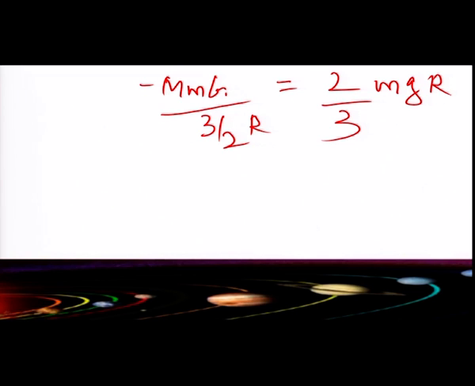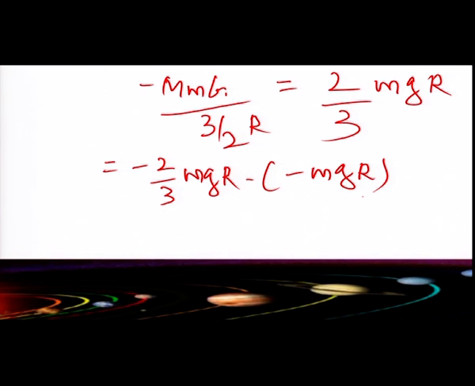Therefore, we will calculate what is the increase in potential energy of the body. So, the increase in potential energy of the body is minus 2 by 3 mgR minus of minus mgR. So, when you simplify, you will get 1 by 3 mgR.